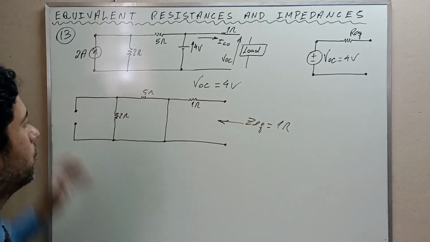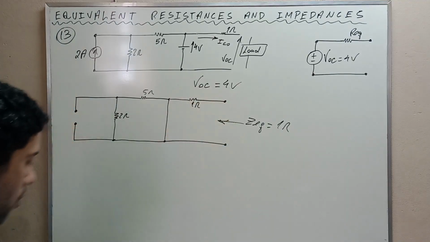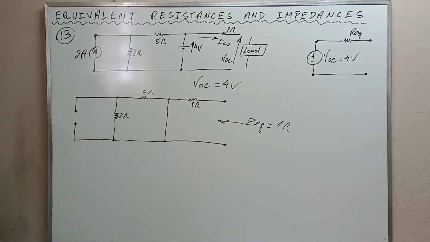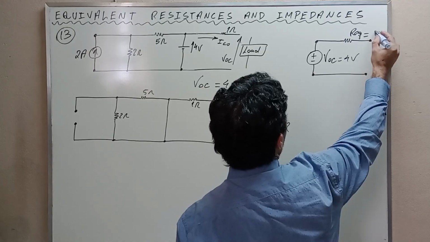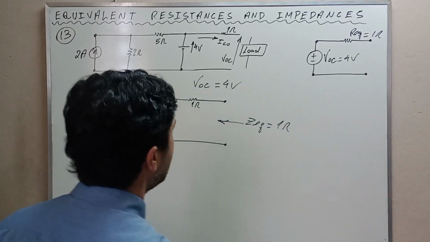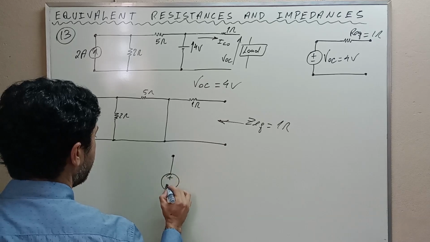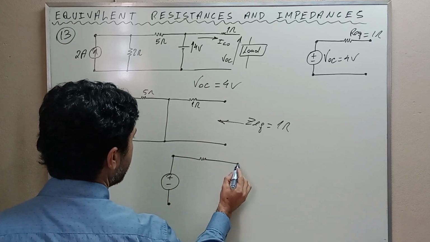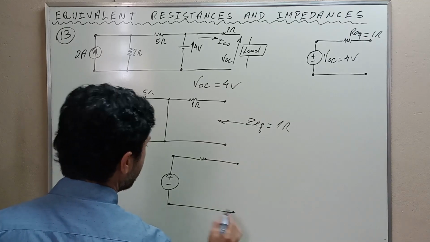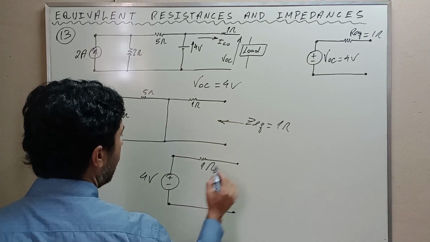We neglect all this, and the equivalent impedance is only 1 ohm. Therefore, the Thevenin equivalent circuit is 4 volts, 1 ohm.